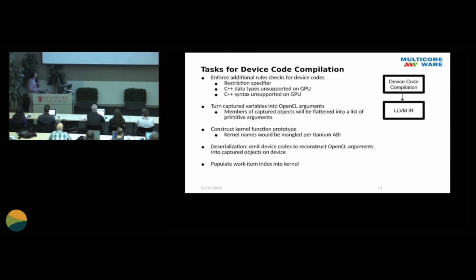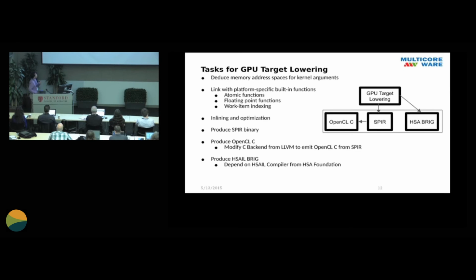Okay, so in this slide we talk about major steps in device side code compilation, and to actually lower the code for different GPU platforms, there are some additional steps that need to be done. So in C++ AMP, there's no notion of memory address spaces.